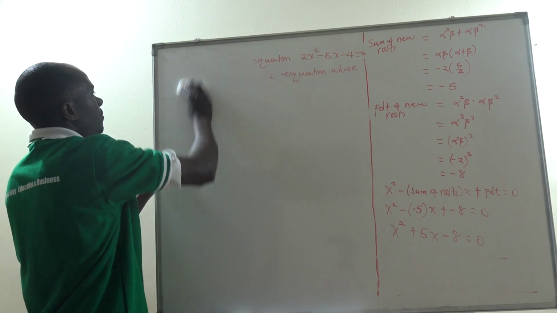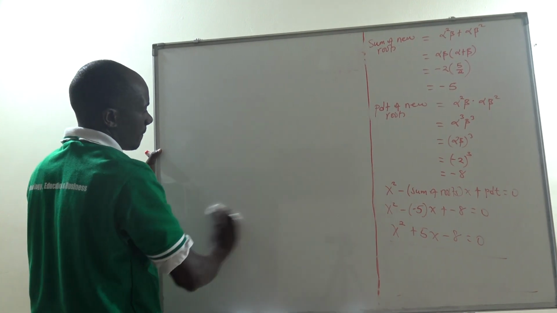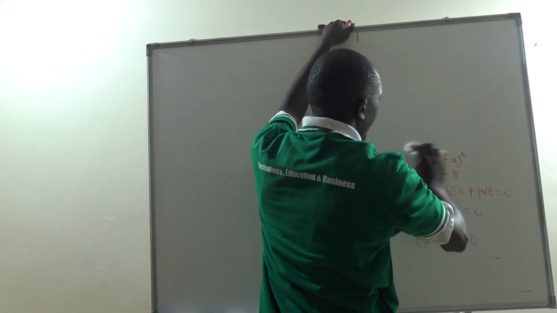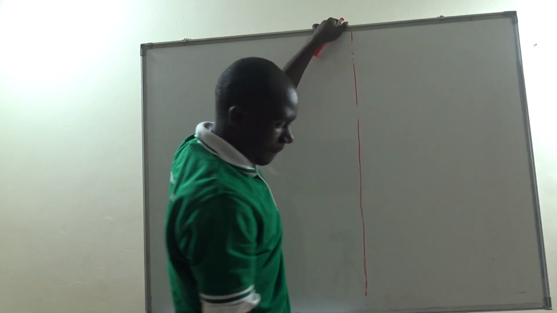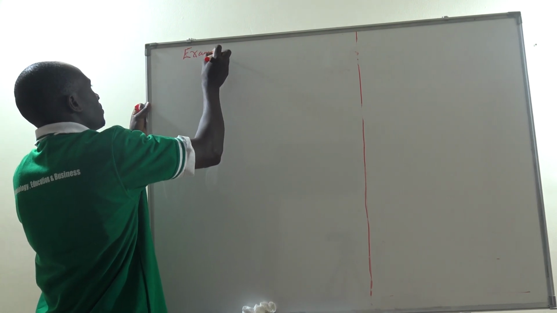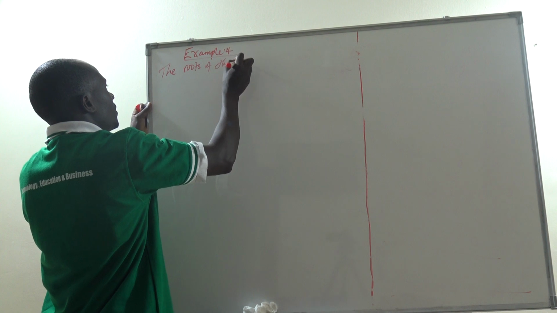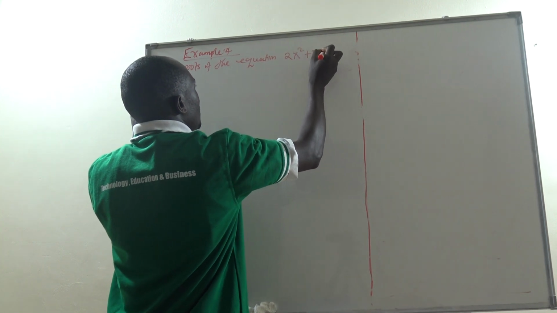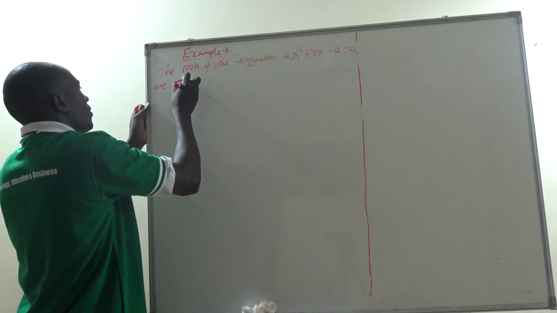Example 4, not example 3. Example 4 goes: the roots of the equation 2x squared plus 3x minus 2 equals 0 are alpha and beta.